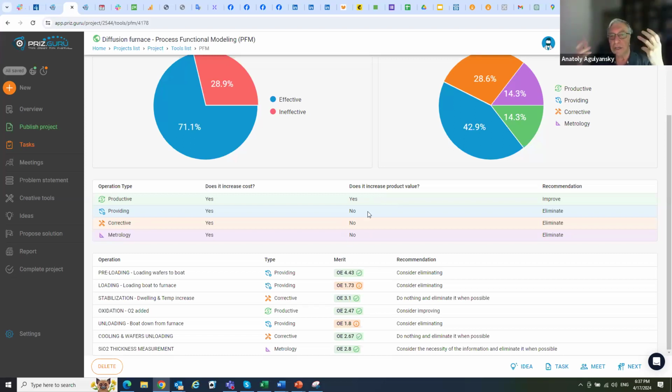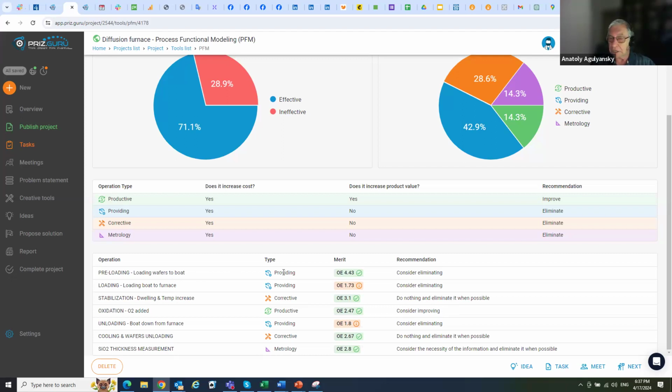Therefore, we can create a strategy, and our system gives us tips. For instance, oxidation is a productive operation, so consider improving. Providing operation, we should not think how to improve it.